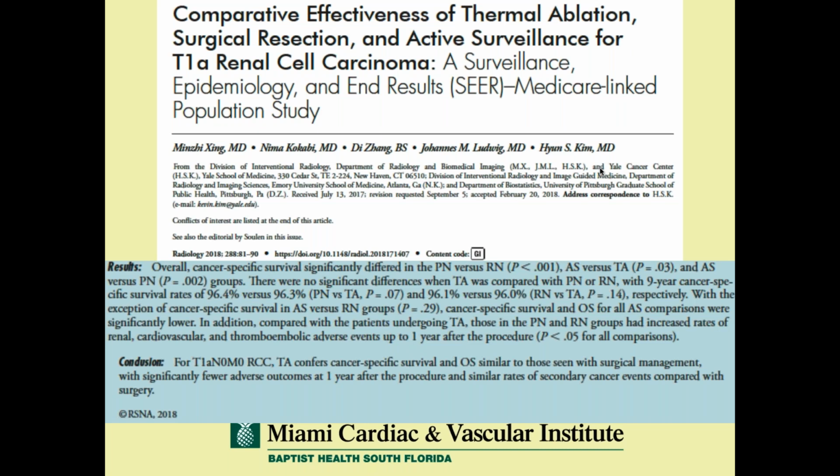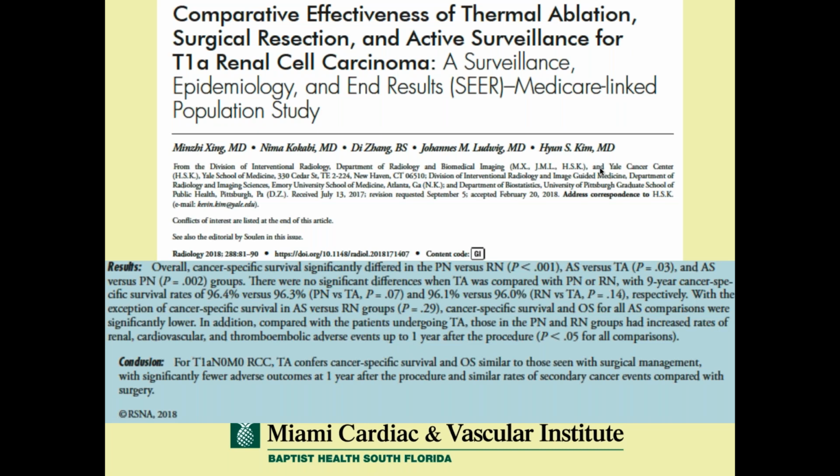And I thought what they found was that cancer-specific survival differed between partial nephrectomy and radical nephrectomy. It also differed between surveillance and ablation, and surveillance and partial nephrectomy. So I think if you're looking at surveillance, you really have to have an accurate surveillance plan in place, and know that if you see some kind of change in size, when you're going to pull the trigger and go ahead and treat that patient.